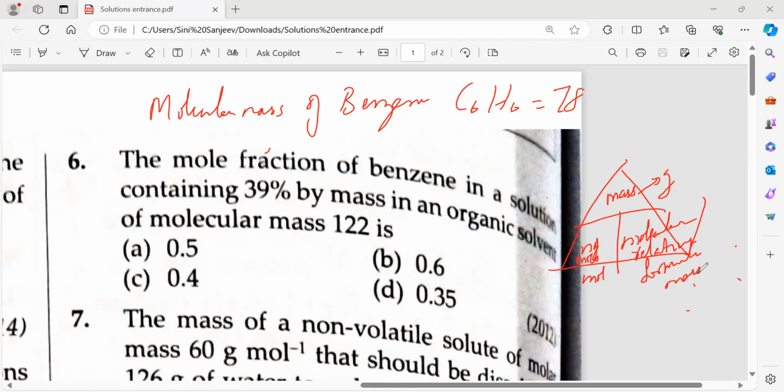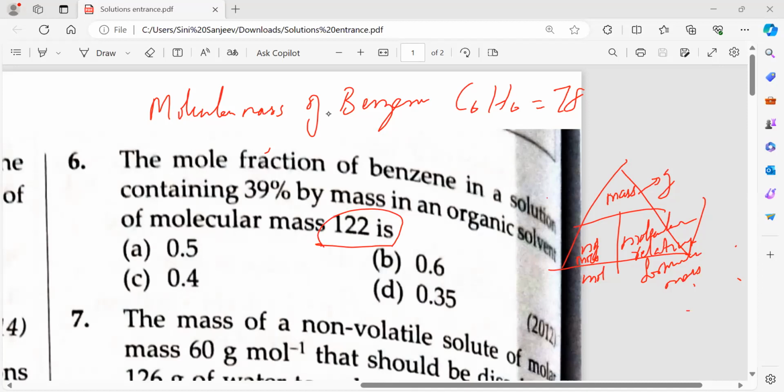So the mole fraction of benzene in a solution containing 39% mass in an organic solvent of mass 122. The mass of the solvent is given, benzene's mass is also given. I will find the mole fraction of benzene.